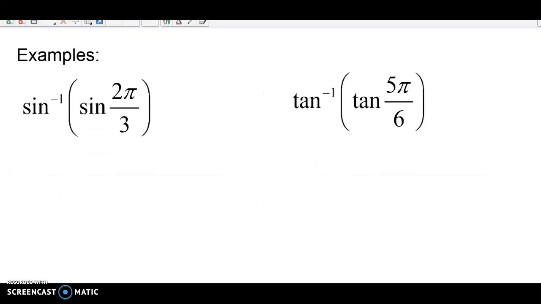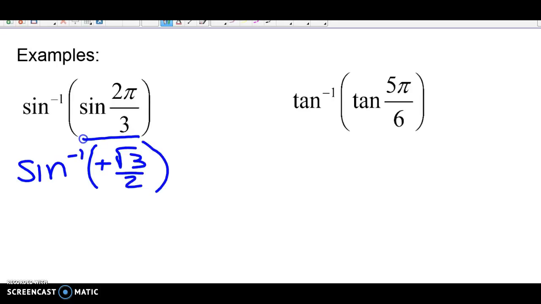Okay, so let's apply what we just learned. If I'm going to work inside out, I want to know what the sine of 2 pi over 3 is. And so I know that the sine of 2 pi over 3 is positive root 3 over 2. Now I want to figure out what angle would give me a positive root 3 over 2 for sine.